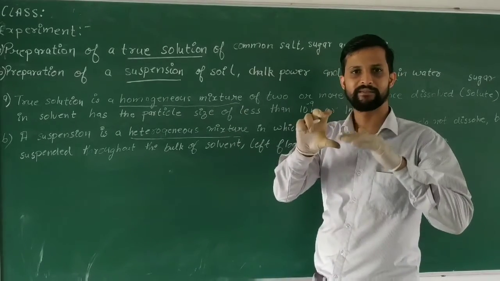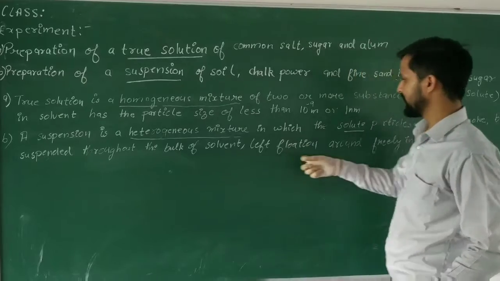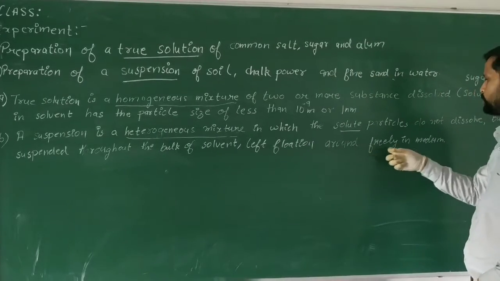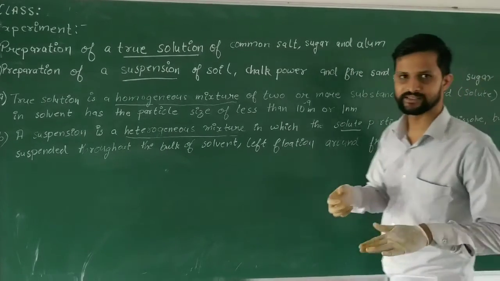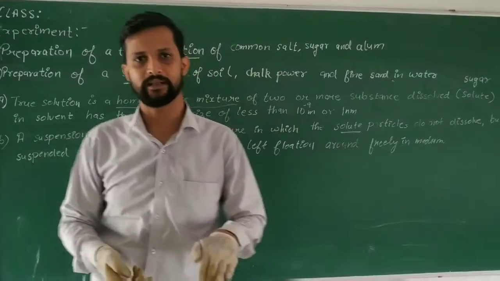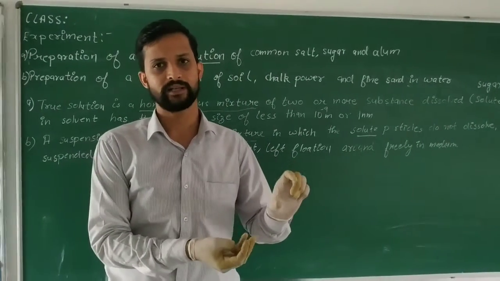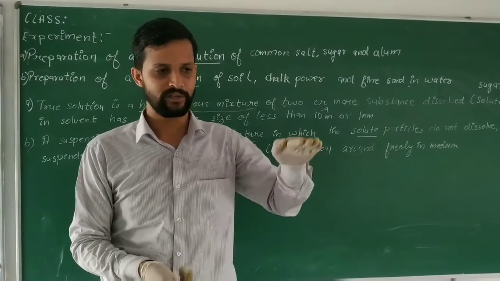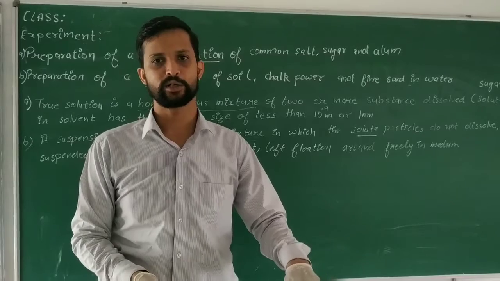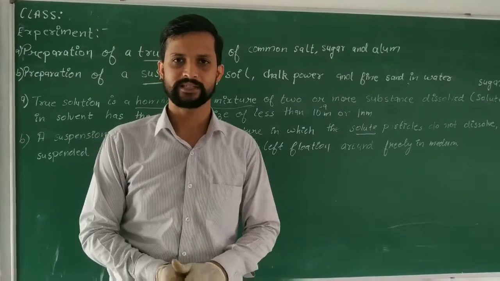Bulk means in between the full water. After some time, when we leave the solution undisturbed, all the solute will settle down at the bottom of the beaker. So this is our experiment.